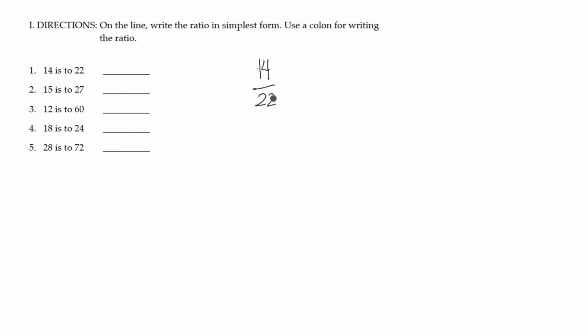Now, in changing fraction to simplest form, hinahanap natin yung GCF or yung tinatawag natin na greatest common factor. So, ano ba yung greatest common factor? So, ito yung number kung saan pwede nating i-divide evenly itong mga number na to.